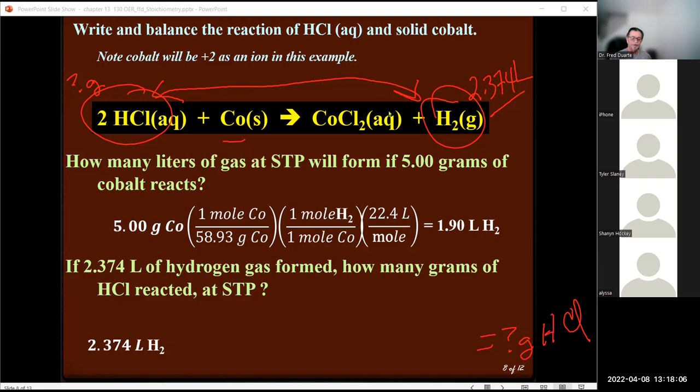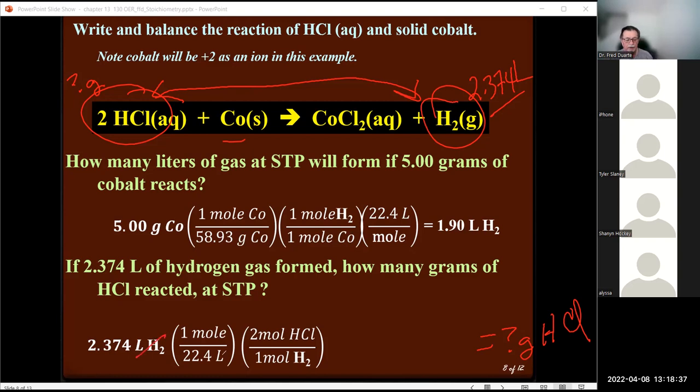So the first one, since I am at STP, and eventually I need to get to moles, I utilize the 22.4 liter per mole relationship. Then that gives me moles of hydrogen gas. I need to get to moles of hydrochloric acid, HCl. Again, all along, I'm canceling my units, making sure I'm doing good so far unit-wise. So at this point, I am in units of moles of hydrochloric acid.